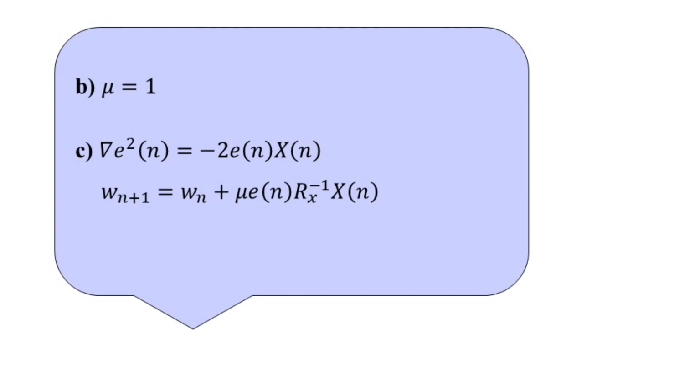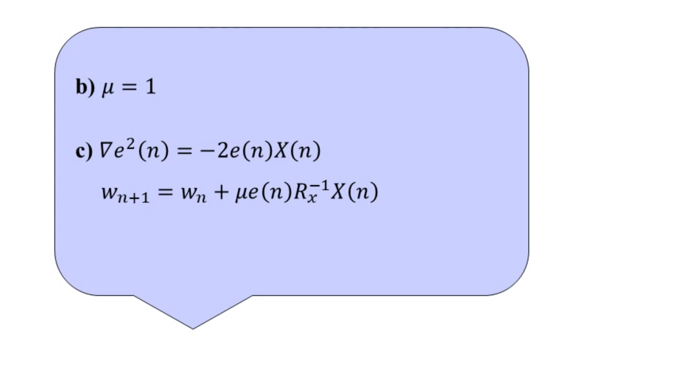So let us compare this update equation to the LMS algorithm. The observation is that the step direction is changed from x of n to the inverse of the autocorrelation matrix multiplied by x of n.